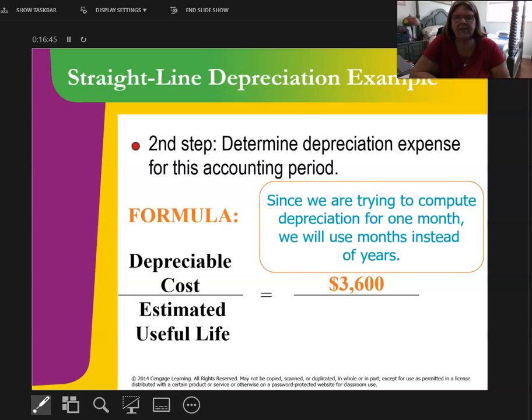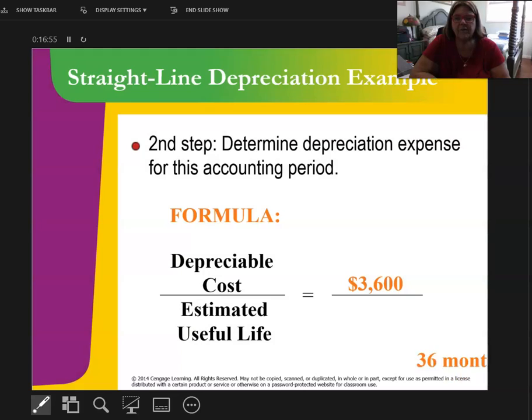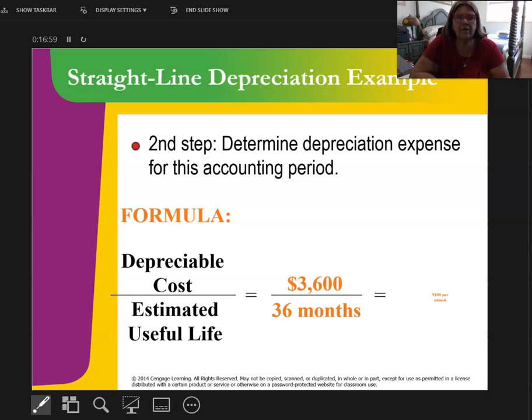Typically it's done in years, but we can also do it in months. So it just depends. Actually, I'm sorry, we're going to use months. So here's my formula, and here's my depreciation. What I'm telling you is that every month, I'm going to depreciate it by $100 per month.